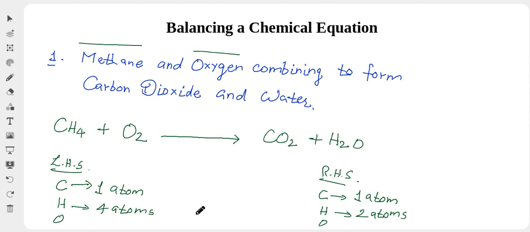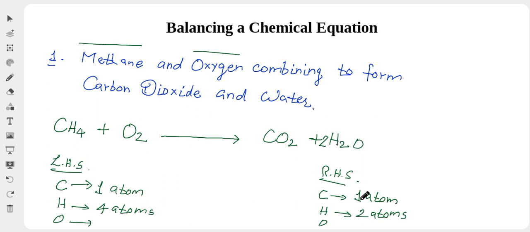Now let us also write about oxygen, but first of all, I'm going to balance these two. Here there are 4 atoms and here we have only 2. So how can I make these 2 as 4? I'm going to multiply the RHS water by 2, so the oxygen will also get multiplied at the same time.